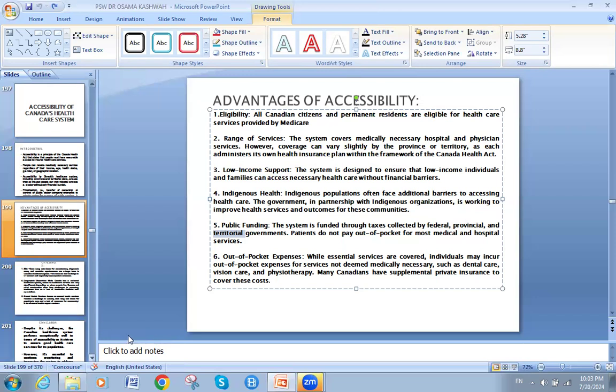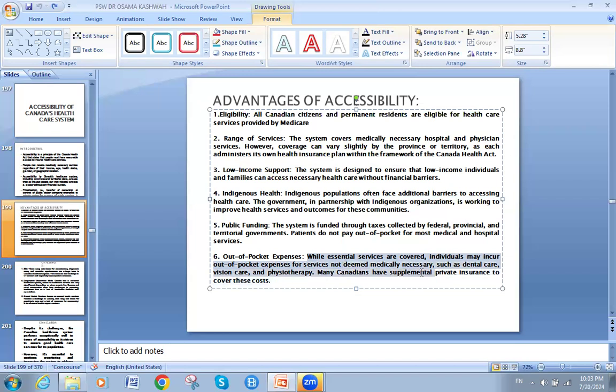Out-of-pocket expenses. This is one of the advantages of accessibility. It's out-of-pocket because you might not plan for it, you might not save money. While essential services are covered, individuals may incur out-of-pocket expenses for services not deemed medically necessary, such as dental care, vision care, and physiotherapy.